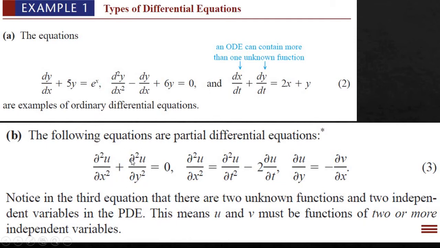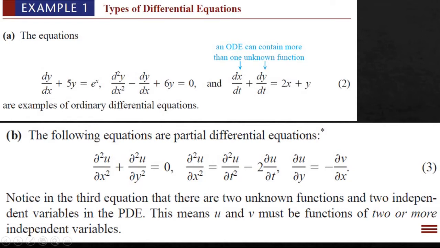This is a partial differential equation because we have partial derivatives. If our differential equation consists of partial derivatives, we say it is a partial differential equation. Here u is a function dependent on x and y, so we can take its partial derivative by x and by y.